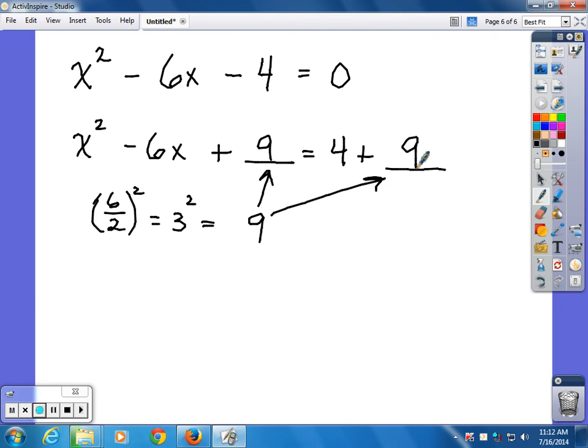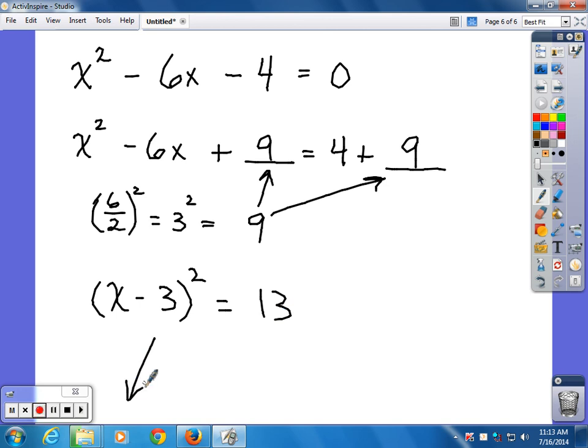And what is that going to give us on the left-hand side? Shortcut number 2. x minus 3 quantity squared is equal to what? Now you do your 2 arrows.